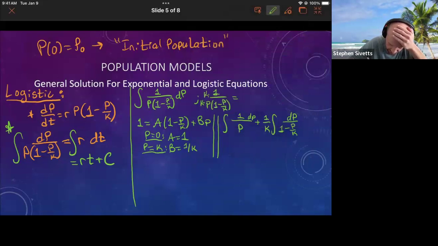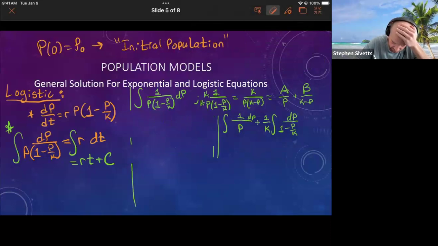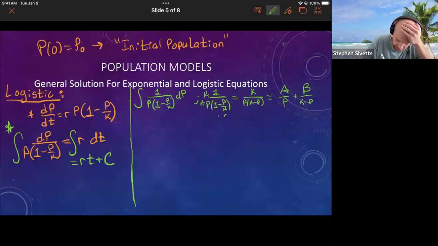So from there, I'll have K over P times (K minus P), which equals A over P plus B over K minus P. Okay, so that would make things a lot simpler.